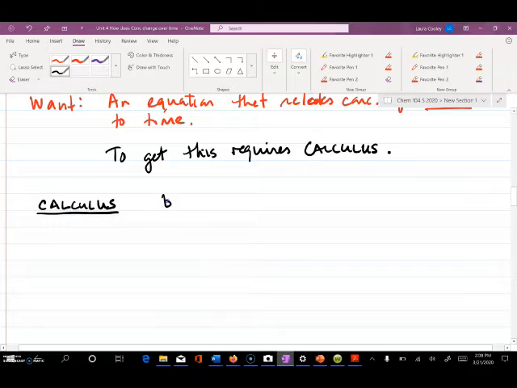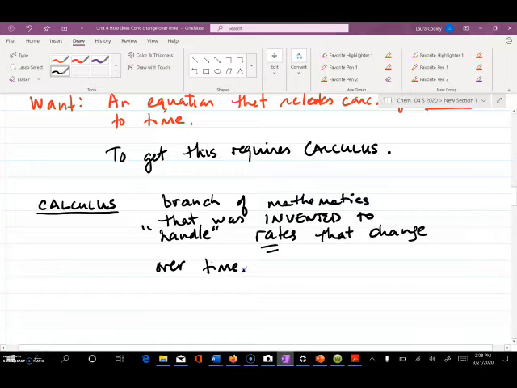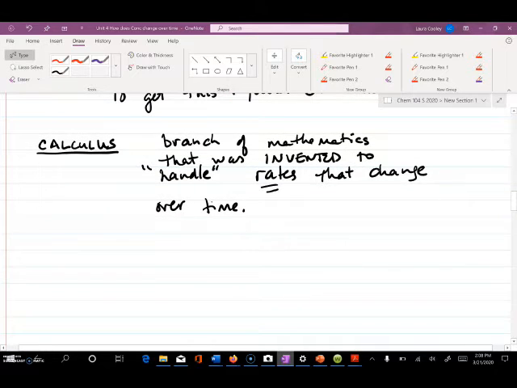Calculus is a branch of mathematics that was literally invented to handle rates that change over time. And chemical reactions definitely have rates that change over time. They start fast and they end up slow.